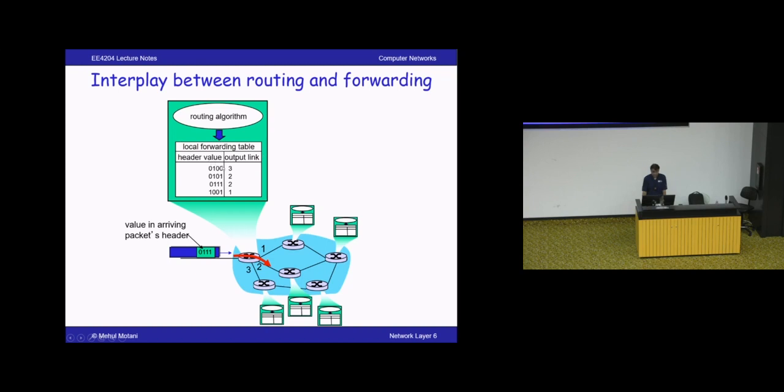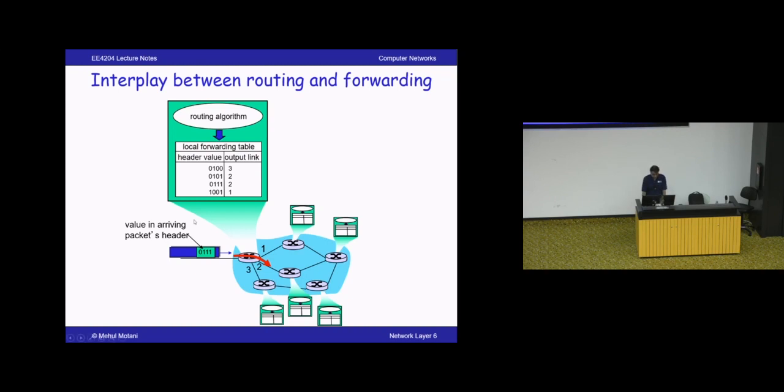One column of the table is the set of all possible destinations. The second column tells you, if a packet with that destination comes in, what interface that destination is available on.